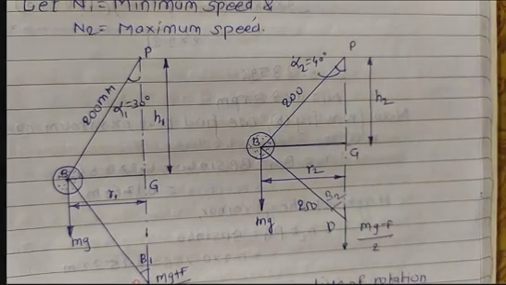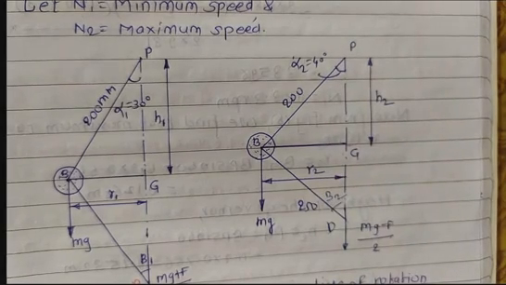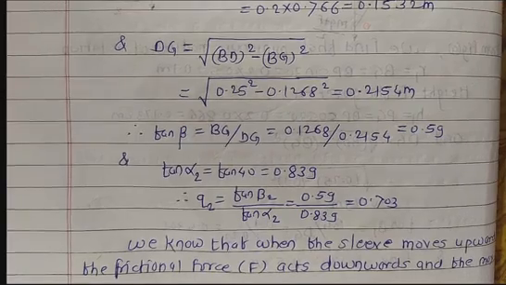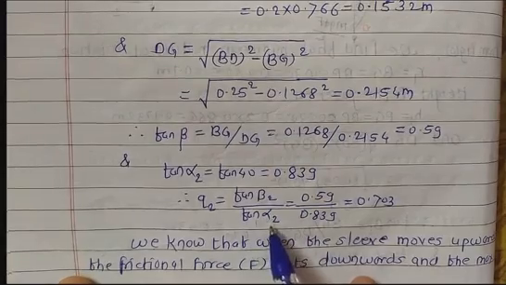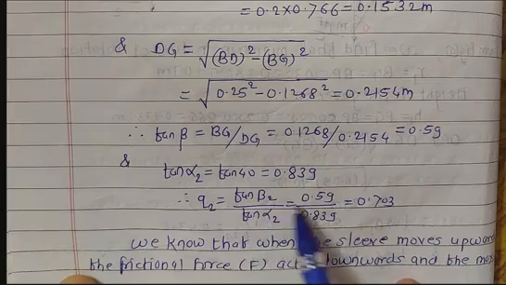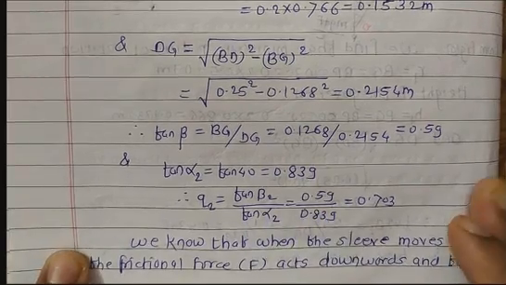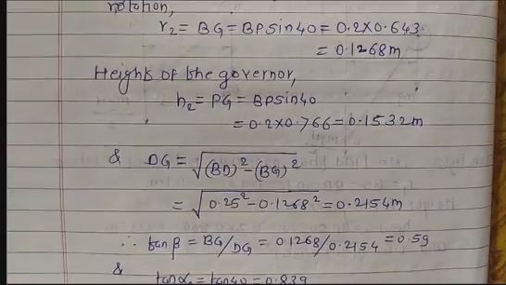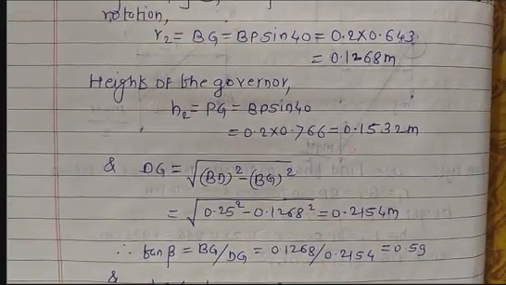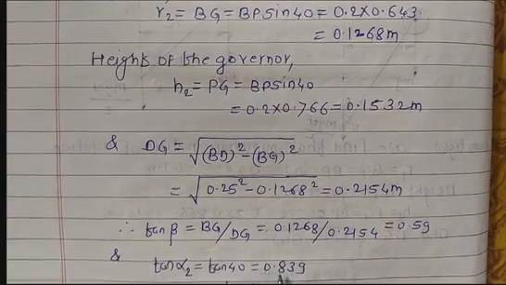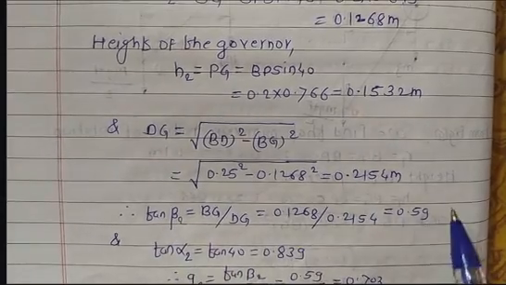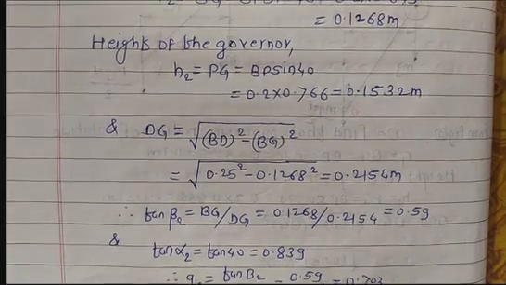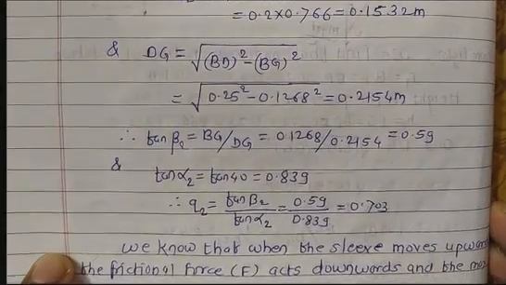From that you can get the value for tan of alpha 2 as well as tan of beta 2. So get the value for Q2. Q2 is nothing but tan of beta 2 divided by tan of alpha 2. Substitute the value for tan of beta 2, which was already calculated in the earlier step, tan of alpha 2 here, and tan of beta 2 here, 0.59, and get the value for Q2.